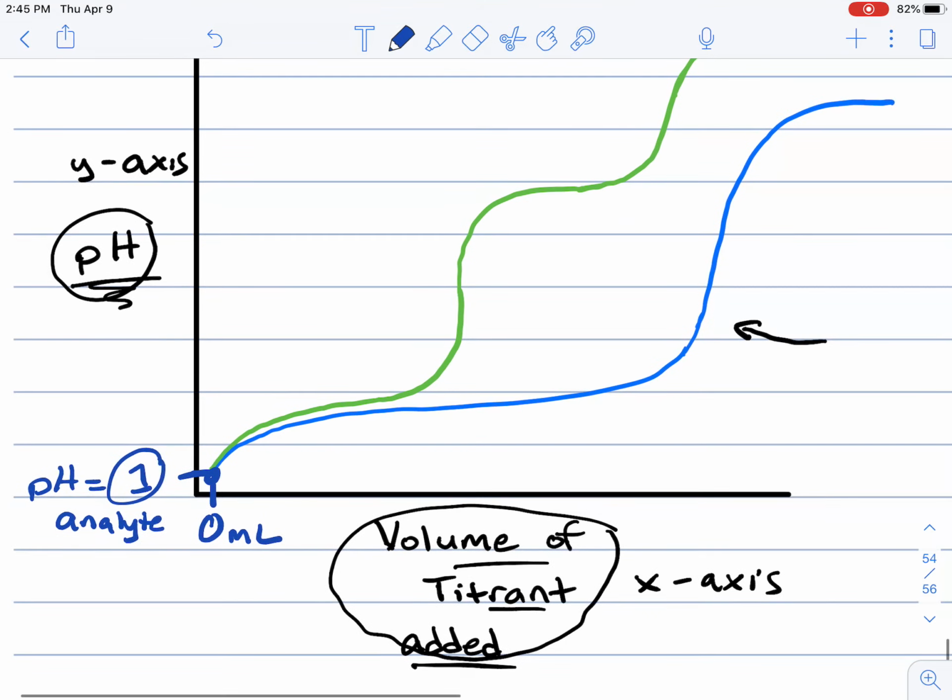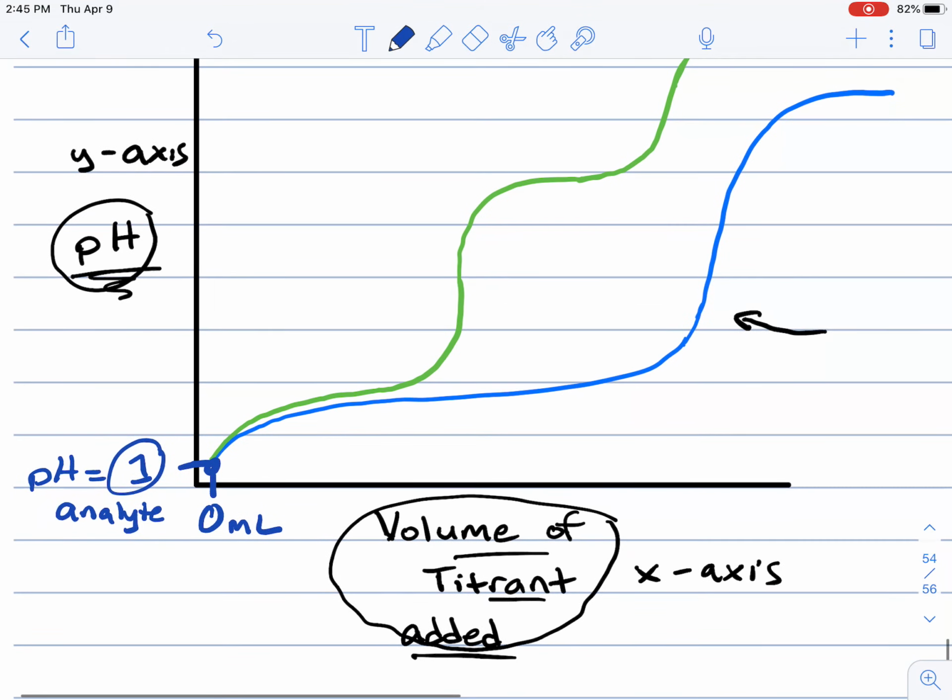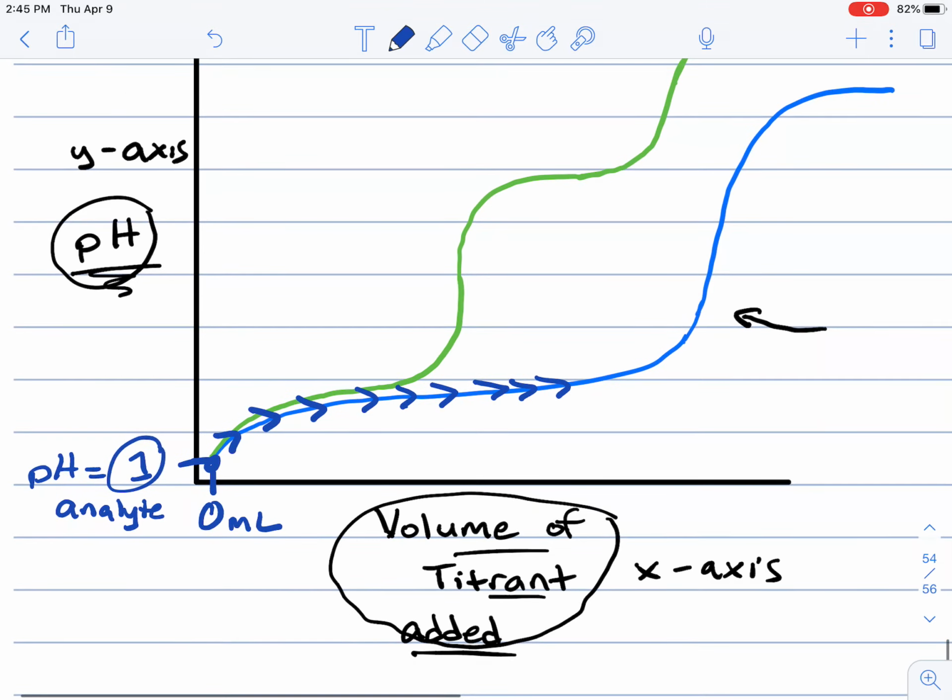Now, as we continuously add titrant, notice that our pH is increasing. And so when our pH is increasing, that means that we're adding base to it, right? The only way to increase the pH is to increase the concentration of hydroxide by decreasing the concentration of hydrogen ion.